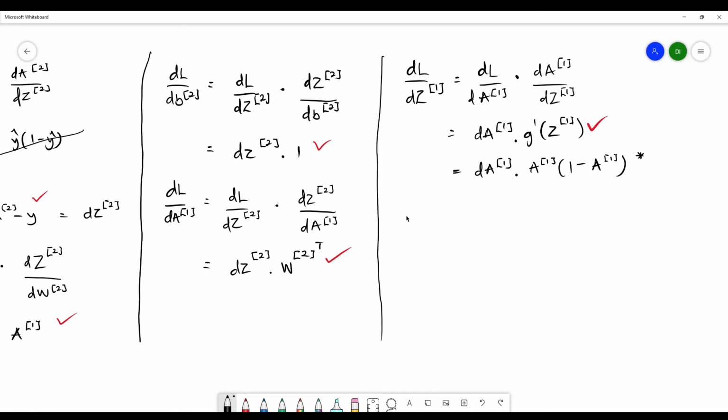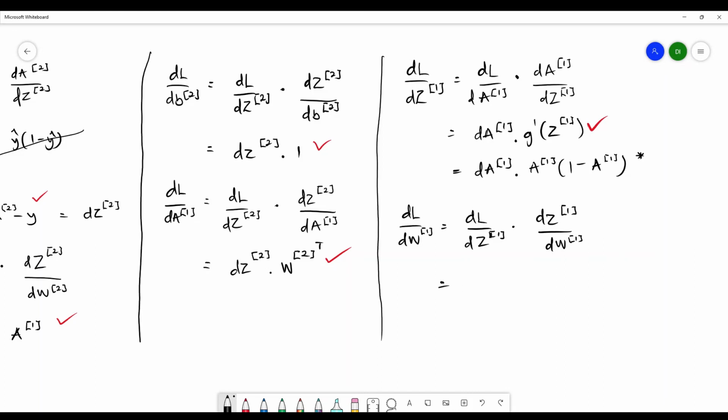And let's go next, dL/dW1, really the same thing as dL/dZ1 times dZ1/dW1.